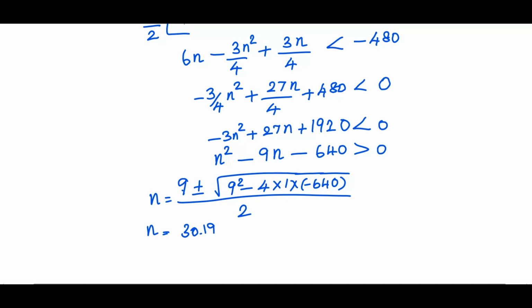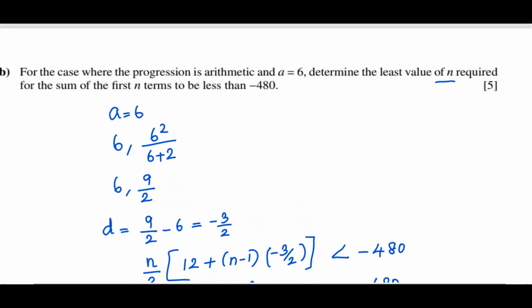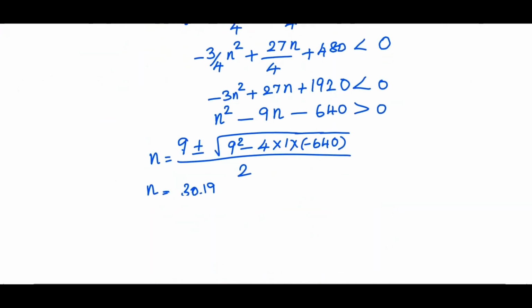Since we get 30.19, that means 30 will not be enough, so we need 31 terms. So n is equal to 31, which is the least value of n.